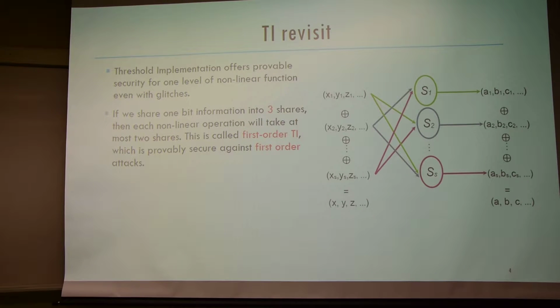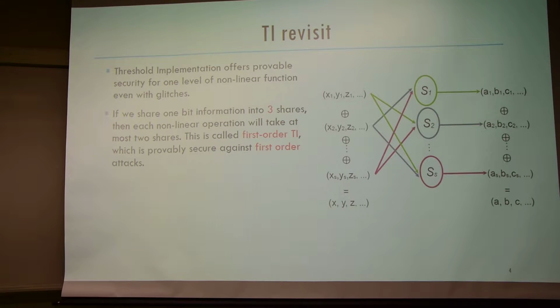Right? So this is just an example for when you share 1 bit information into 3 shares, then each nonlinear operation will take at most 2 shares. Right? This is what we learned last time about non-completeness. Right? This is called first order threshold implementation, which is provably secure against the first order attack.